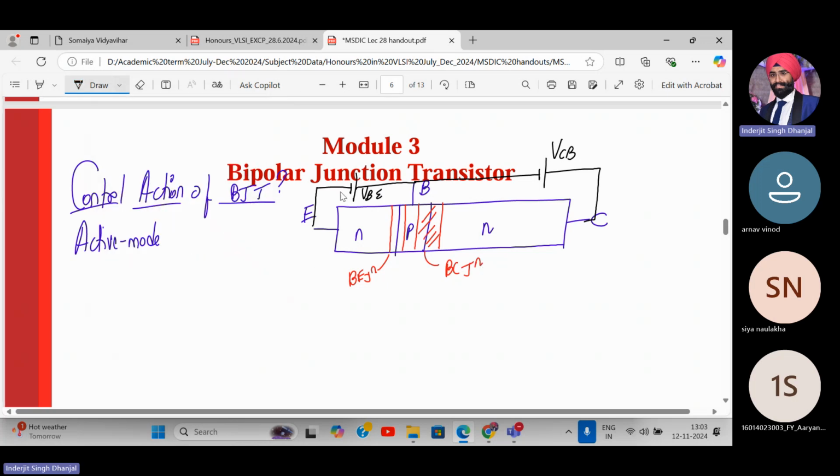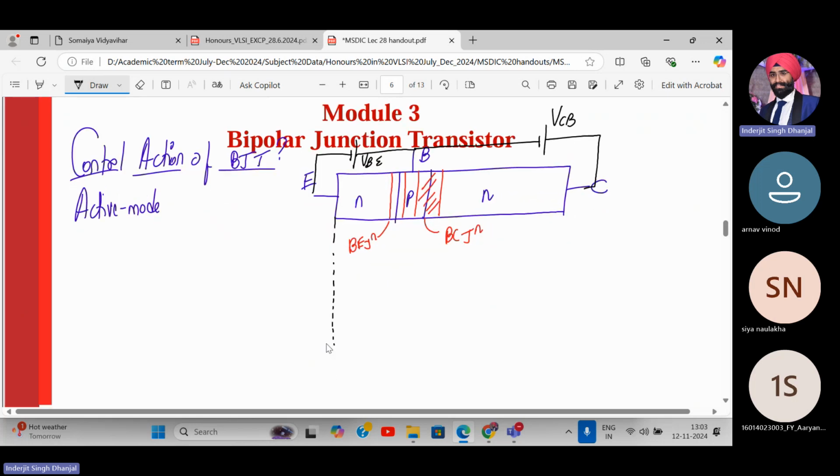Now I will draw the energy band diagram in relation to these dimensions. This is the metallurgical junction between base and emitter. This is the metallurgical junction between base and collector. And these are my base emitter junction depletion region, and here we have the base collector junction depletion region.